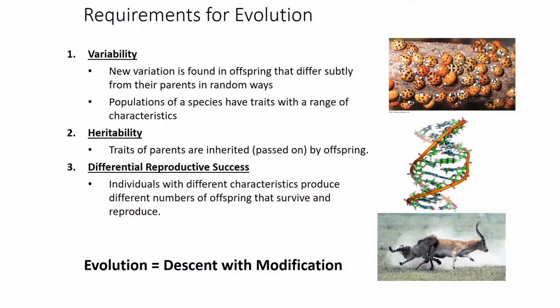Well, some of the key cells responsible for maintaining the body's immune system have all the requirements that we normally think of for evolution. You have receptors that are responsible for binding those antigens. But initially, at birth, you have a vast diversity of those, and their cells are variable.